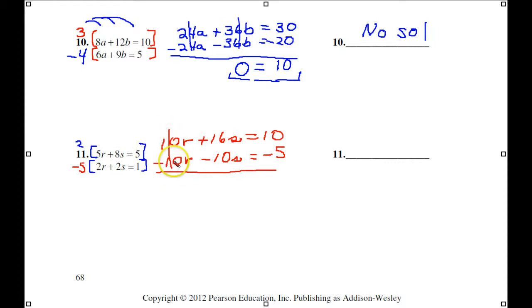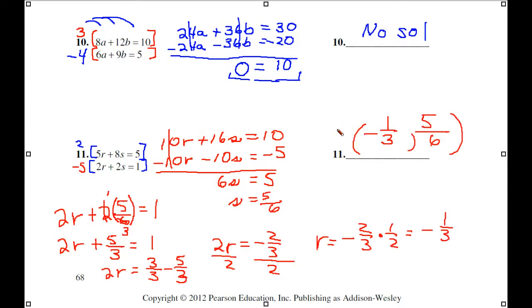I've eliminated the r's. So this becomes a 6s, and that equals a 5. So this gave me some fractions here. I saw that coming. So s is 5/6.